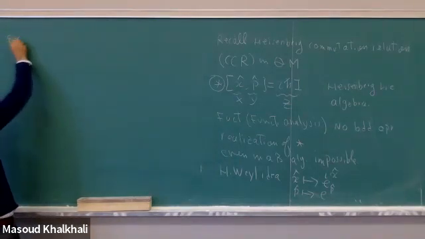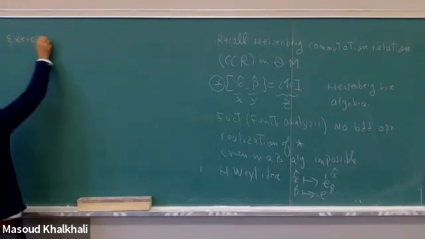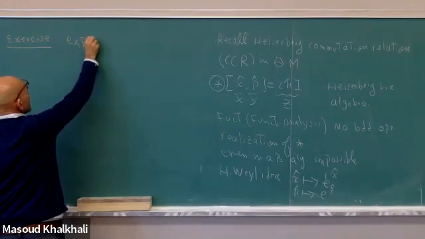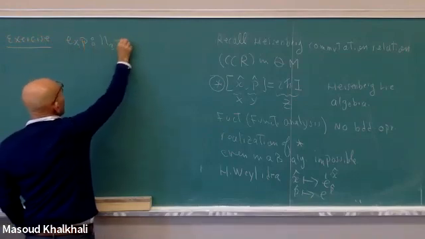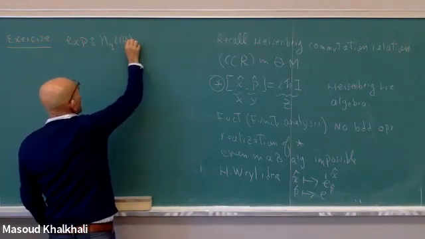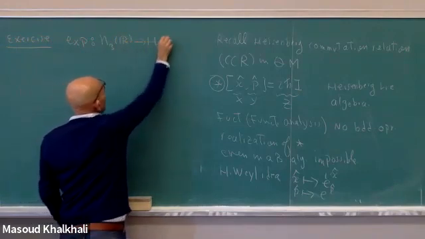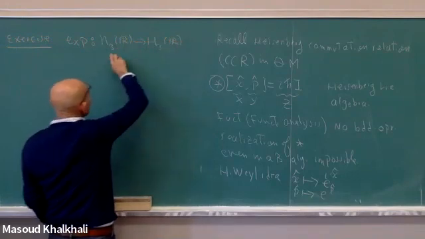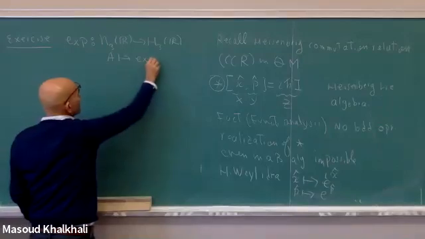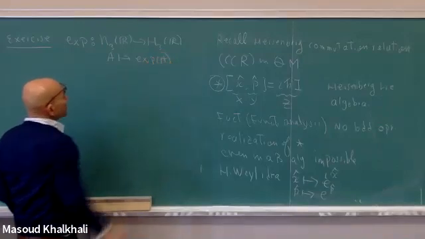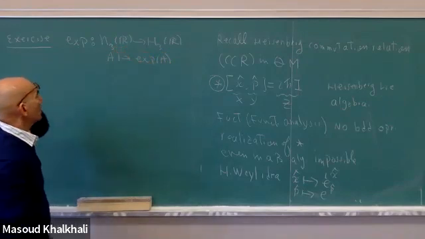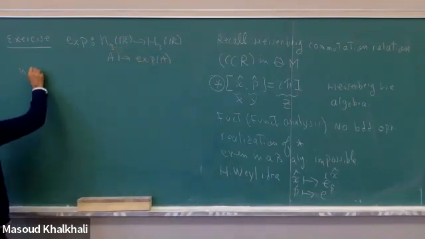This is a nice exercise: the exponential map from H3 of R to H3 of R, a matrix exponential map, A sends to exponential of A, is actually a bijection between these two spaces.